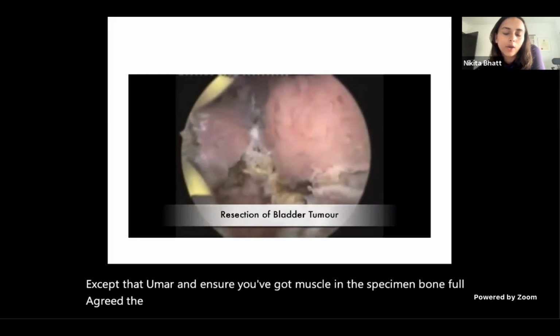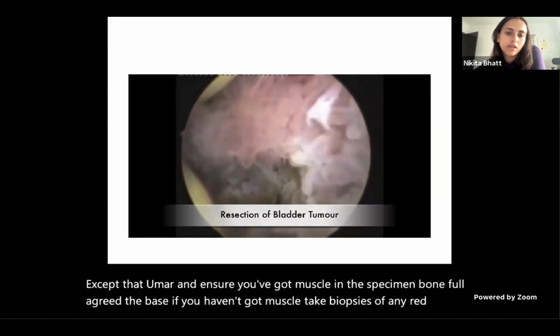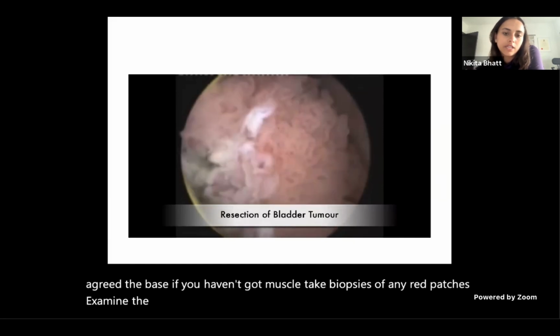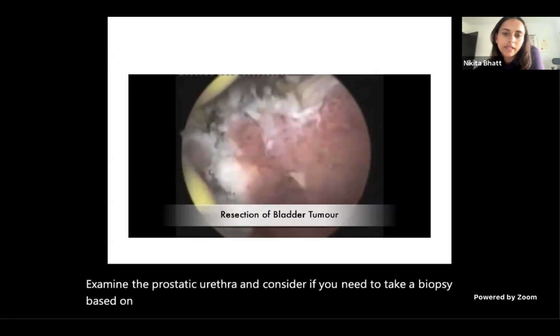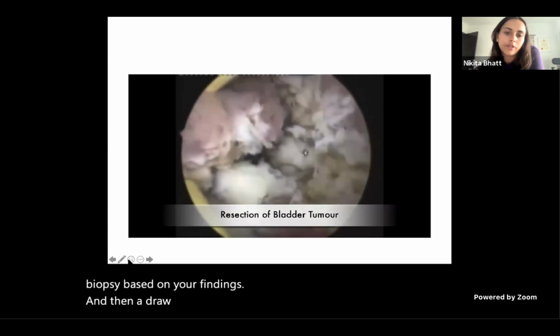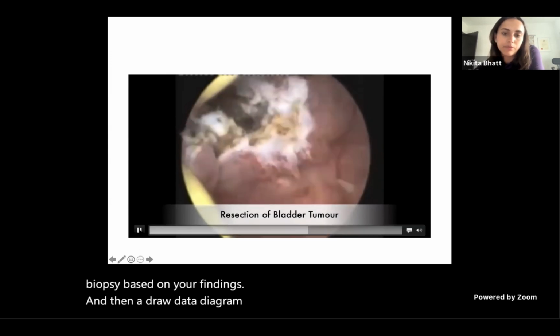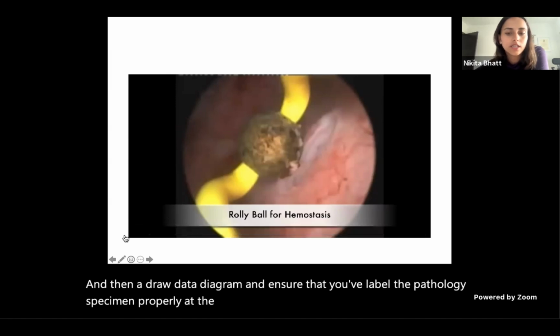Take biopsies of any red patches, examine the prostatic urethra, and consider if you need to take a biopsy based on your findings. And then draw a bladder diagram and ensure that you've labeled the pathology specimen properly. And at the end, as we've already discussed, give intravesical treatment provided you haven't perforated the bladder.